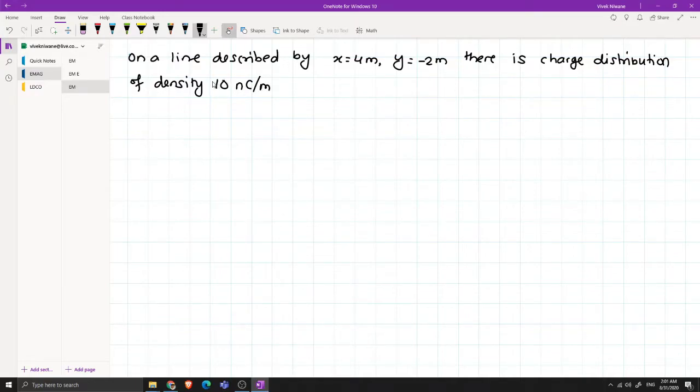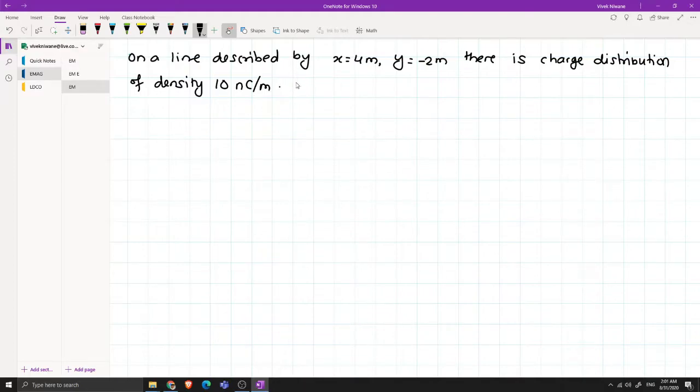So looking at the density nanocoulomb per meter, this is a line charge. If it had been nanocoulomb per meter square it would be a surface charge, and if nanocoulomb per meter cube, that would have been a volume charge.